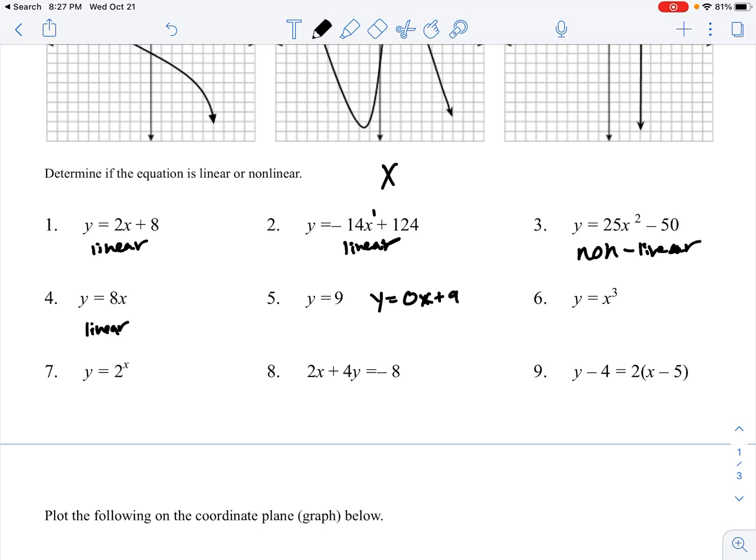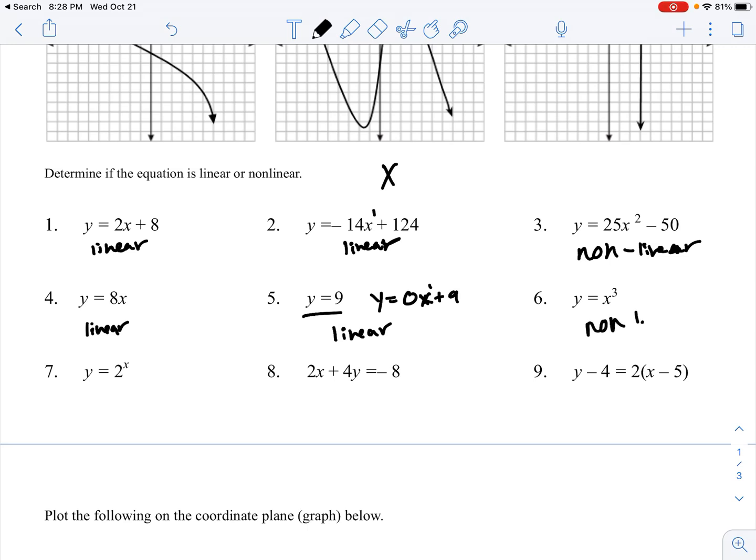I could write it like that. And that's the same thing, because 0 times x would cancel that out. That's why it's not there. It's just a 9 there. So that's 0 times x to the first power. It could be written as x to the first power and mean the same thing, so this is linear. That's a tricky one. If you don't have an x, then it's still probably linear.